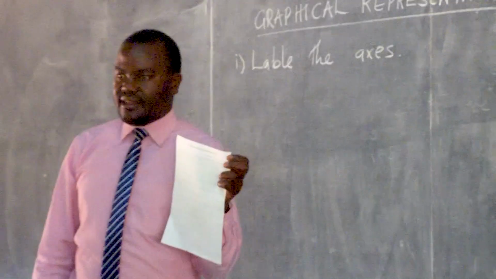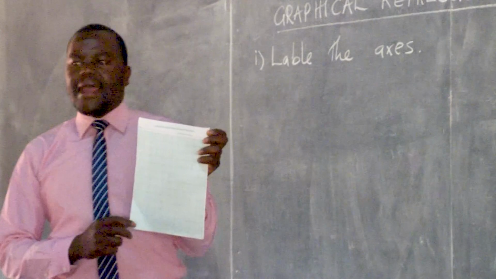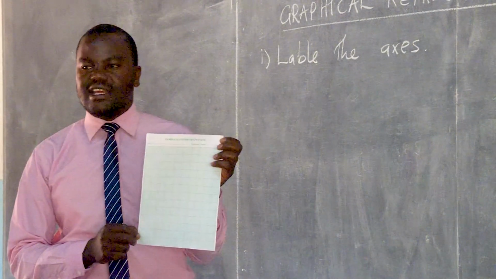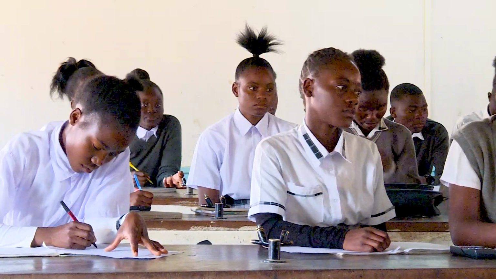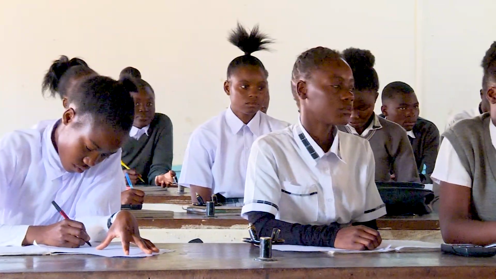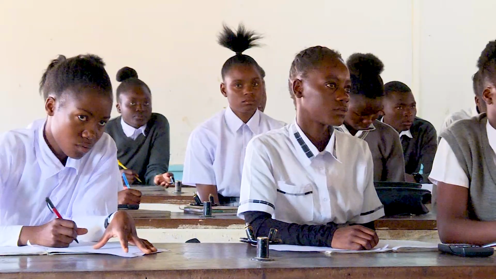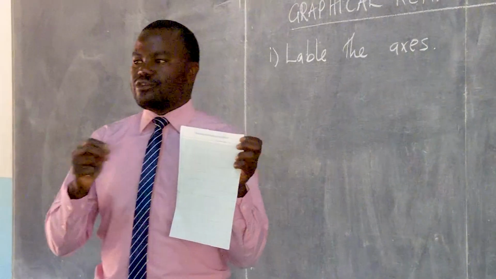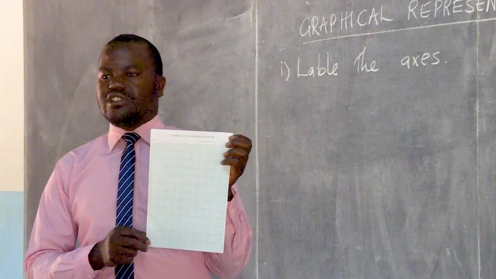Are we together? Yes. Now, based on the data set that you've been given, the coordinates, the points that you want to plot on the graph, you have to study the values that have been given to come up with a good scale.